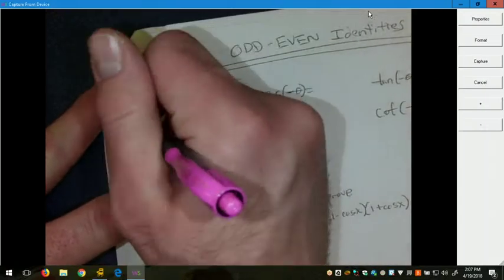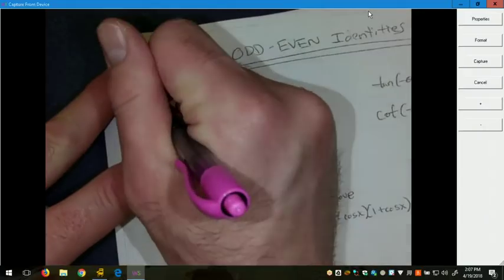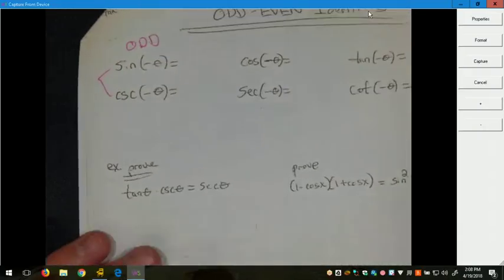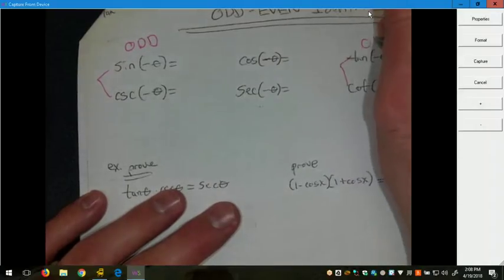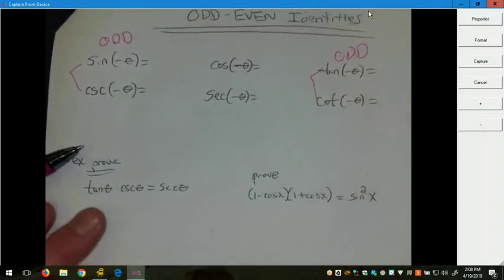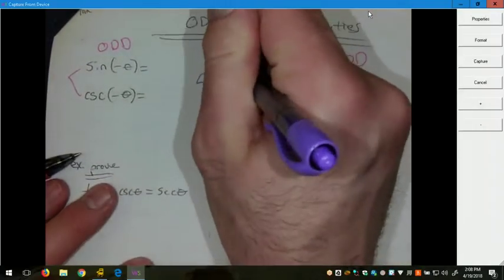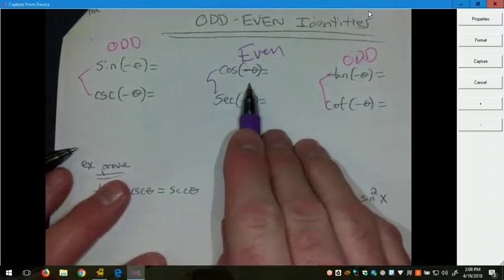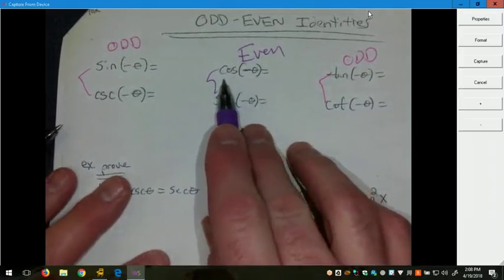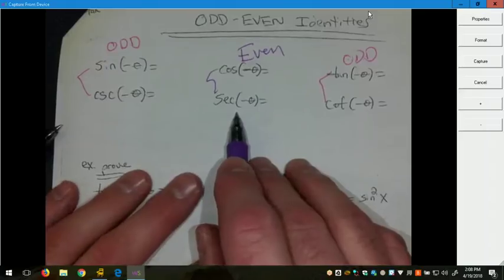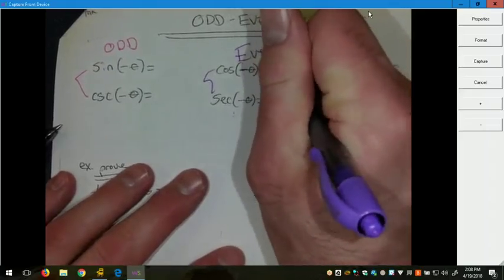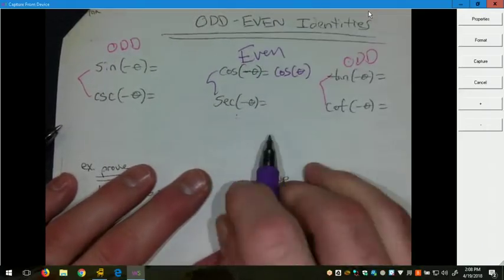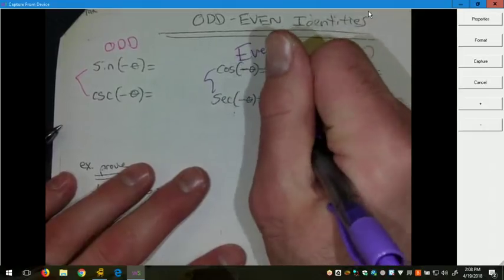So that leads us to the following. Because sine and its reciprocal are odd, and tangent and its reciprocal are odd, and cosine and secant are even, when you plug in a negative angle into cosine or into secant, you're going to get the same thing as if you plugged in the original, positive angle.